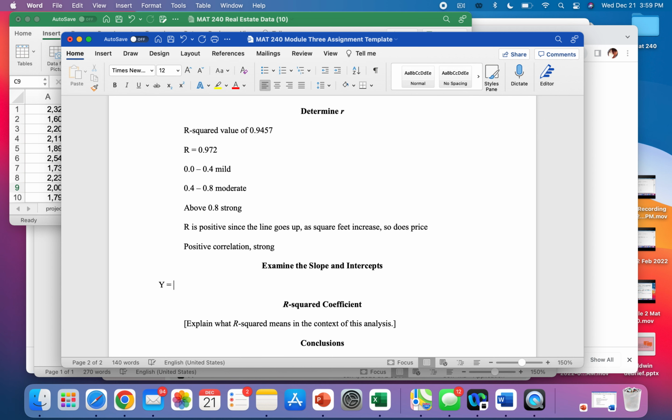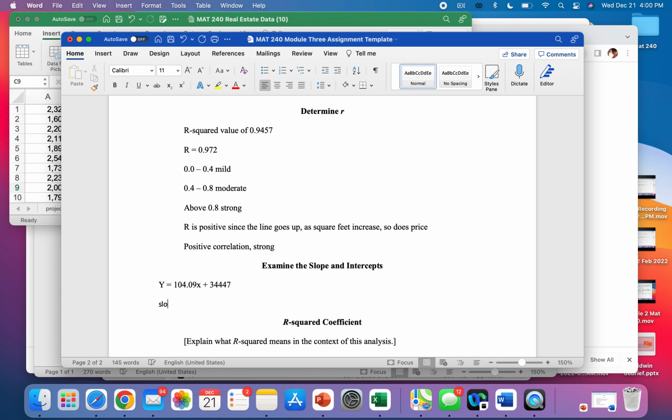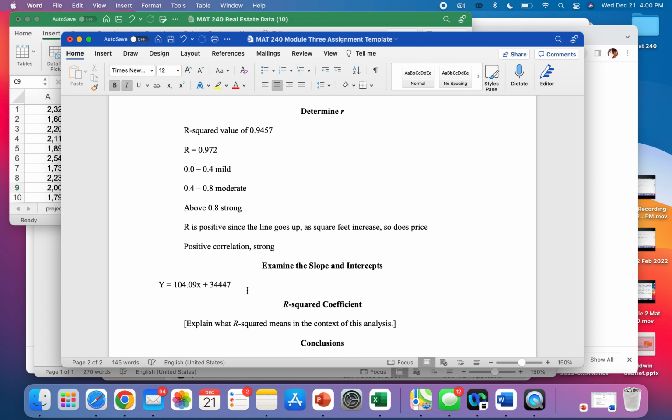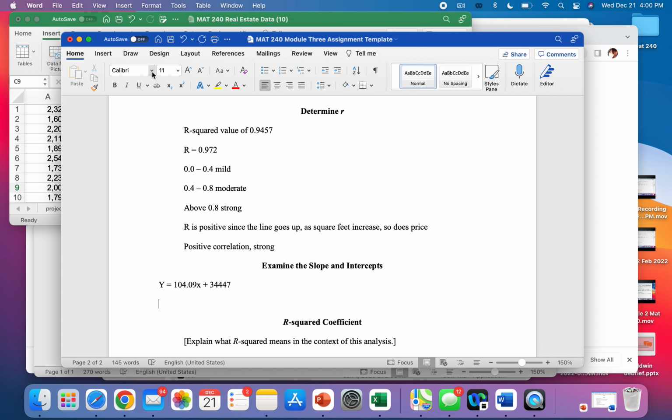So my equation. The slope is the number in front of x. Somehow I got a different font. We want to keep everything the same because that way it looks professional.